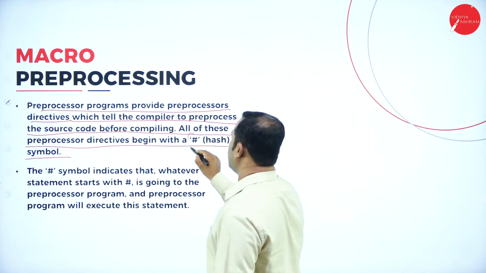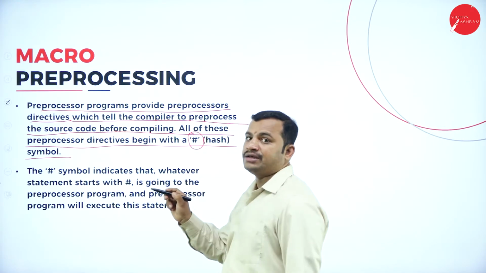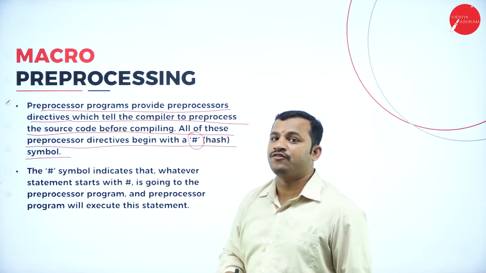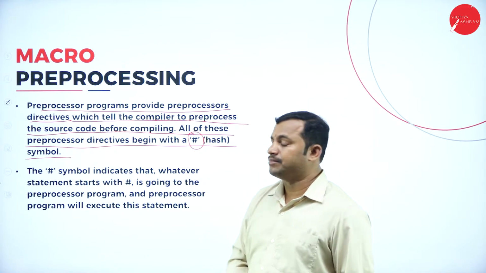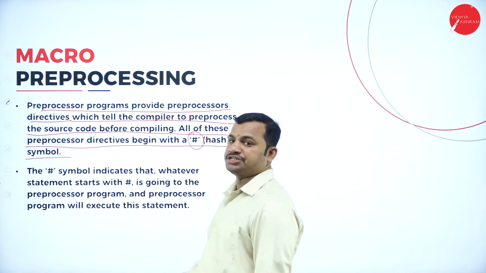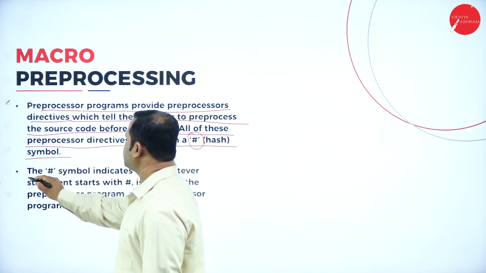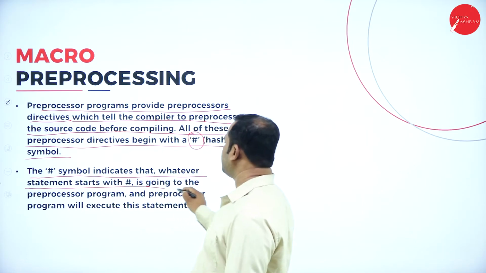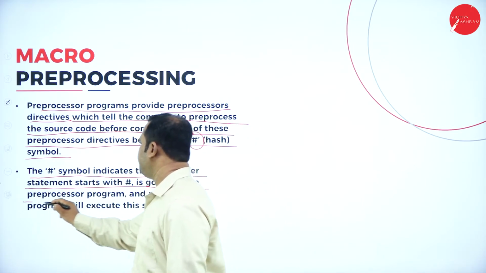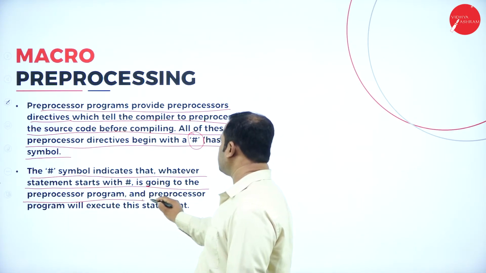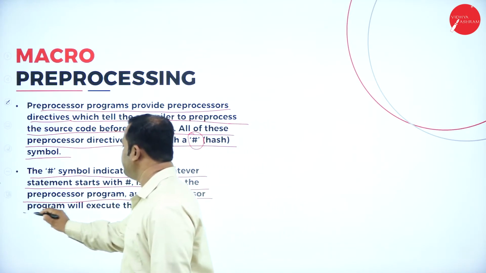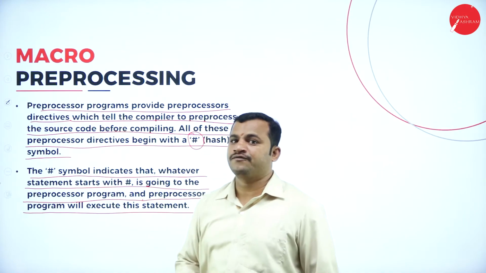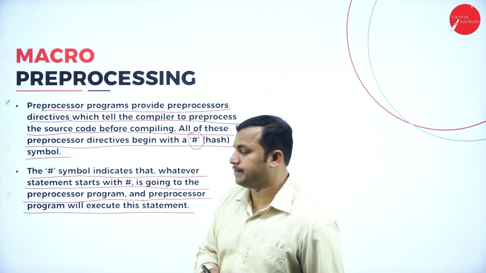The hash symbol indicates that preprocessing is required in the program. Whenever a statement starts with a hash, it is a preprocessor statement, and preprocessing begins the execution or the expansion of the original source program.